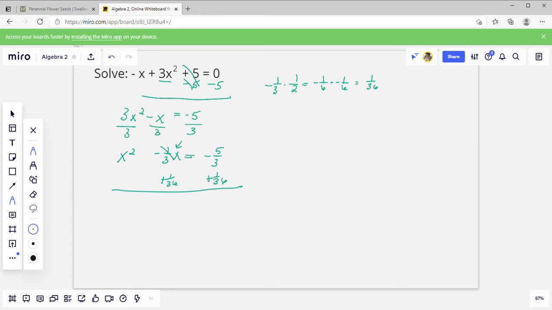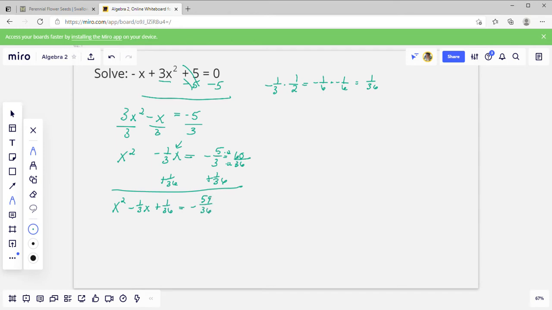So we end up with x squared minus 1/3 x plus 1/36 equals, now I have to change this to 36, so 3 times 12 makes 36, so 5 times 12 will be 60, and then this is negative, this is positive, so negative 59/36.